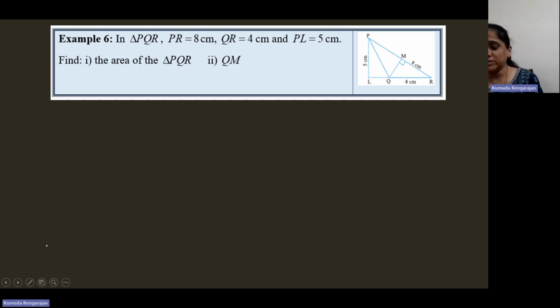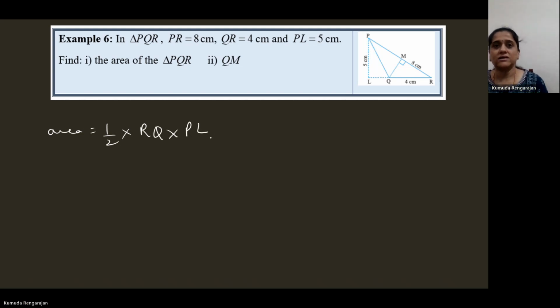So you need to take up the base whose altitude is known. Okay. You should know both the things. So area is equal to half into, you can take the base as QR or RQ into the altitude that falls on RQ produced, PL, right? So half into RQ is 4 into PL is 5.